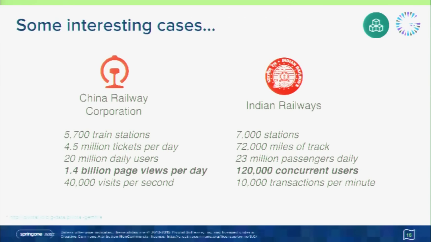So when you talk about GemFire, these two are very interesting use cases. We have more use cases on the Pivotal website. Here we are talking about China Rail and Indian Rails. Considering the information about their systems running GemFire, these numbers are mind-boggling, because 1.4 billion page views per day is quite a lot.